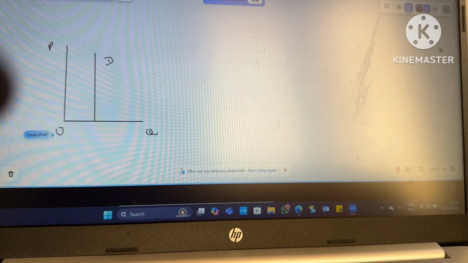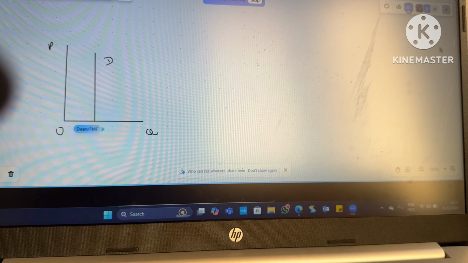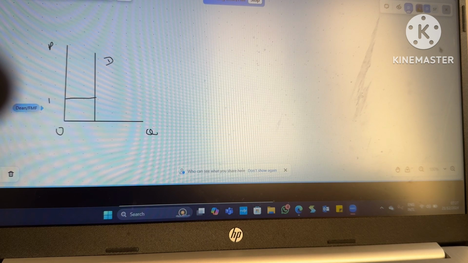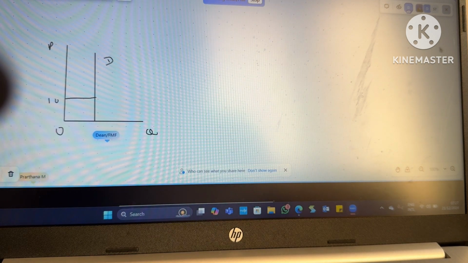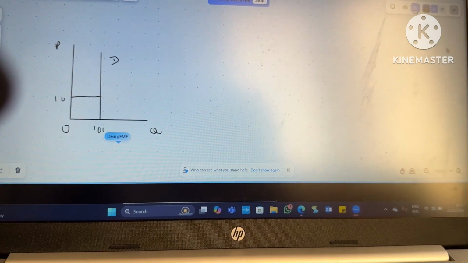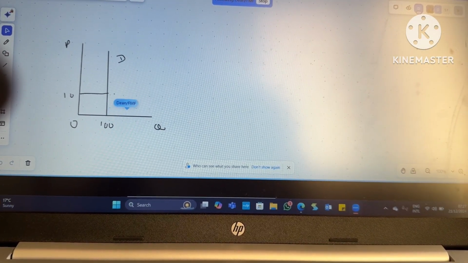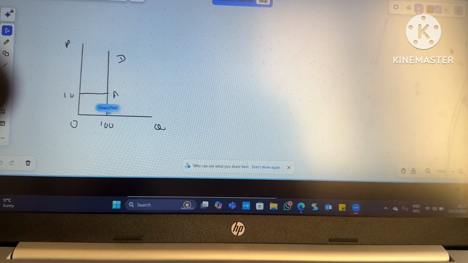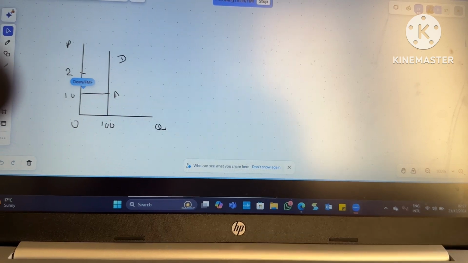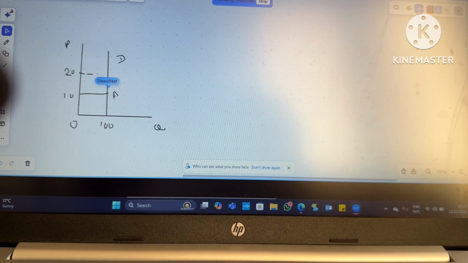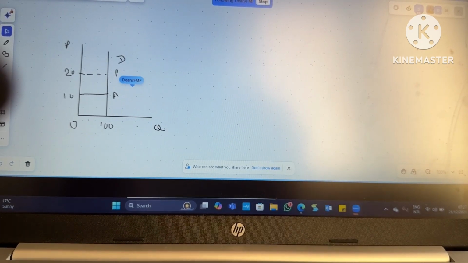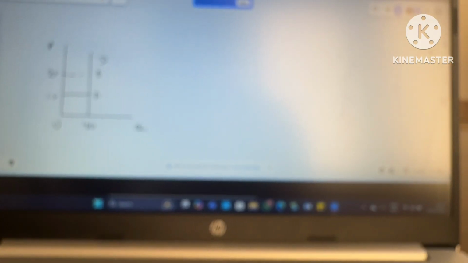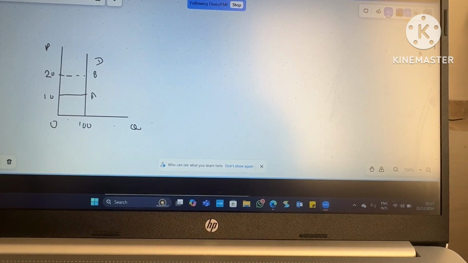Now, what can you say about the sensitivity of the demand to the price? Initial price, for example, is 10. At 10, you demand 100. Now we are at point A. Now sellers increase the price to, say, 20. At 20, what is the demand? Same, 100. So even though the price became double, demand has not changed. That means demand is not responding to the price change at all.